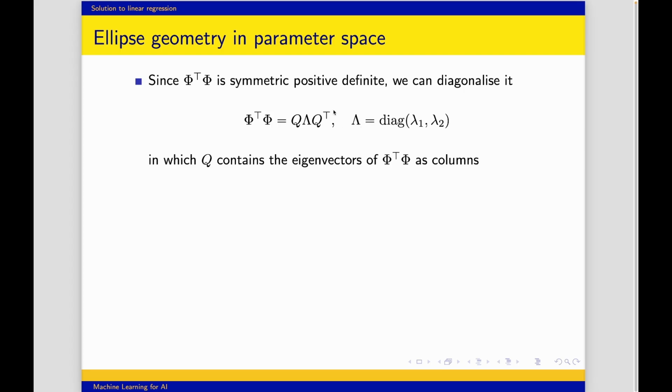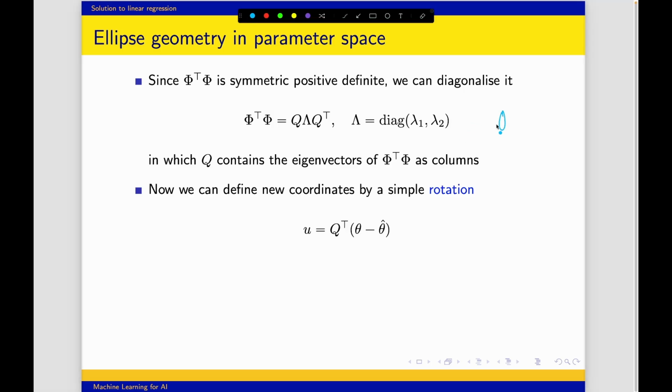So we call this a diagonalization of a symmetric positive definite matrix, meaning we decompose it like this: a matrix consisting of its eigenvectors as columns, times a diagonal matrix of its eigenvalues, times the transpose of that first matrix, which is unitary. Now we can define new coordinates. We're going to change the coordinates for our vector theta. Rather than this vector, we're going to instead use this vector u equals u1, u2.